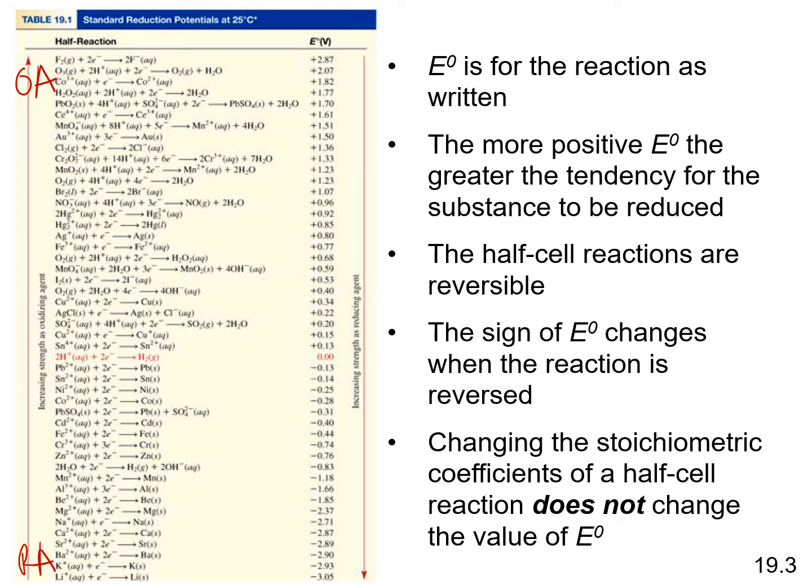So using the standard reduction potential, we can predict the redox reaction. When we connect the two half cells, we can use the values of the reduction potential for each of the half cells again to predict the redox reaction.